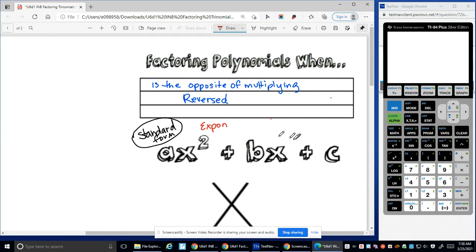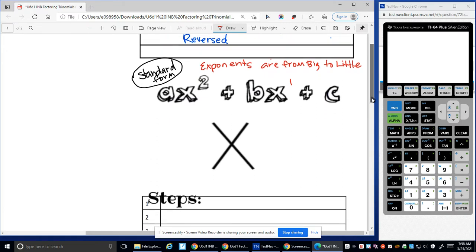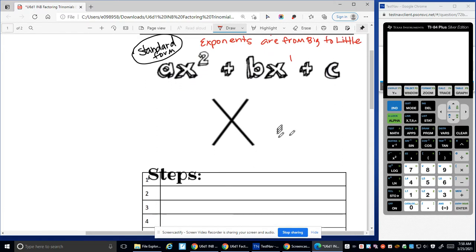You got an exponent of 2, 1, and of course 0 over here, okay? Exponents are from big to little. Okay, so exponents are those little numbers on the top of the variable. Okay, we're going to be using this.